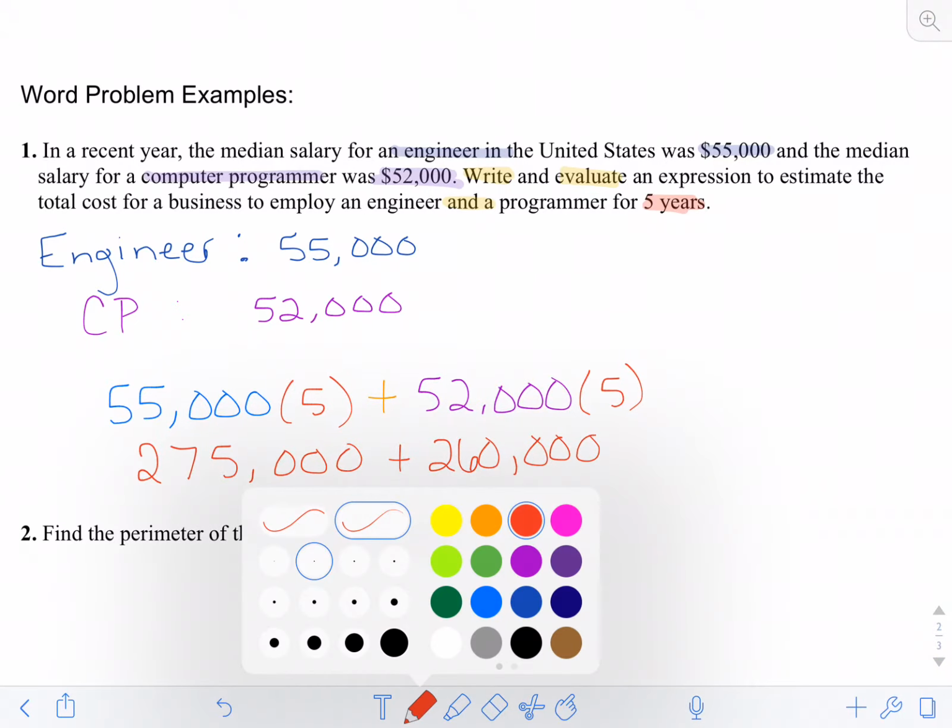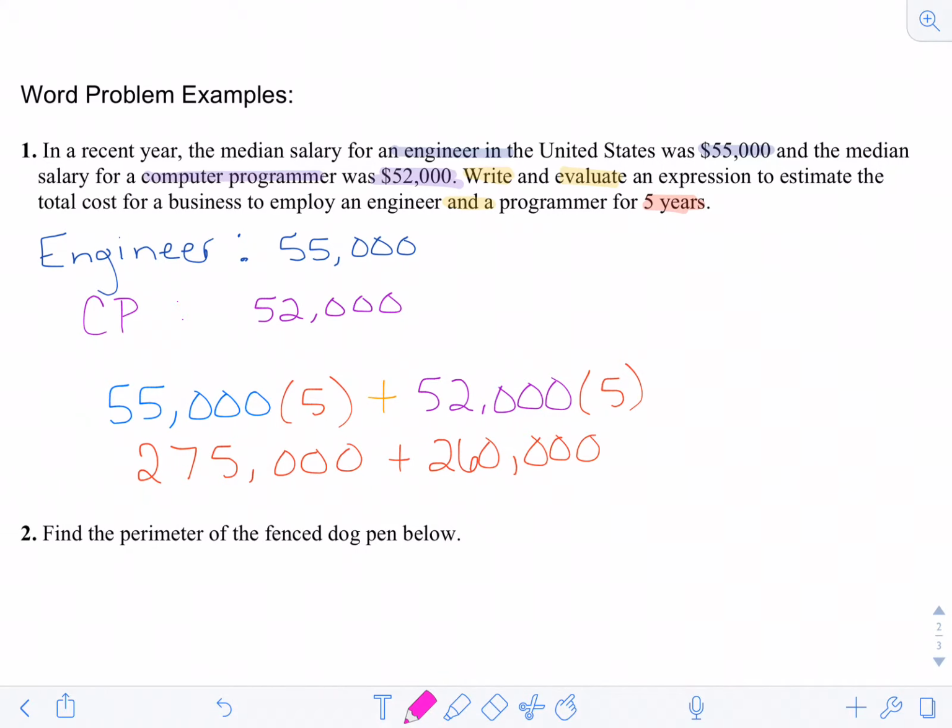So whenever we add both of these together, it would cost them $535,000. So a little over $500,000 it would cost to have both the engineer and computer programmer for 5 years at this company.